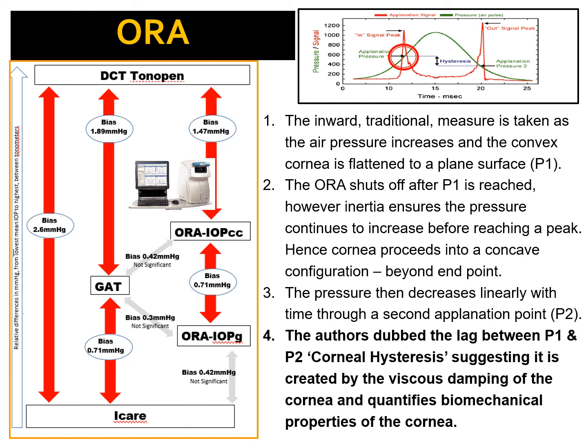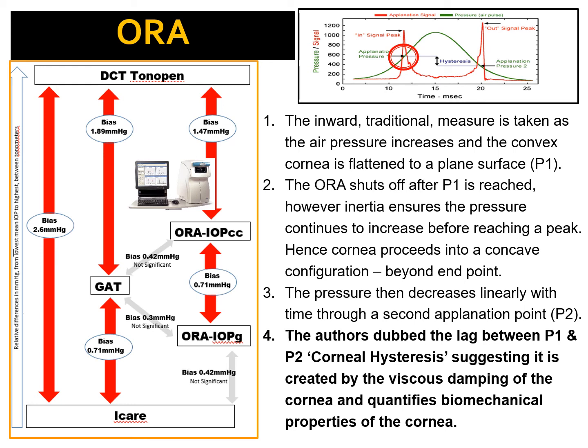And that's P1. Then the air puff shuts off, this is all tonometers, all NCTs, shuts off after P1 is reached, but there is a certain level of inertia in the system and the pressure continues to increase before reaching a peak. So at this point, the cornea is concave.